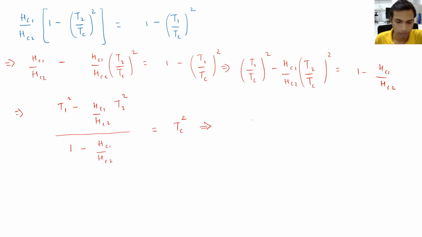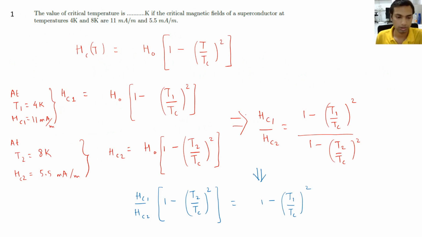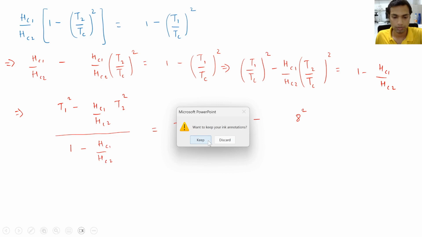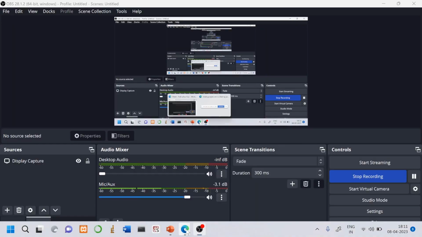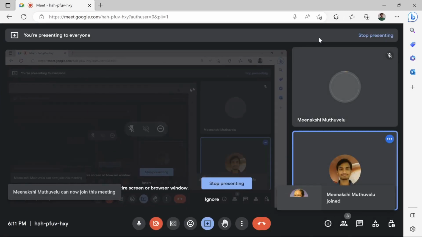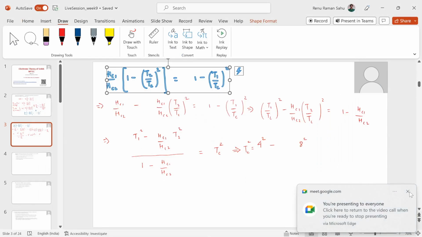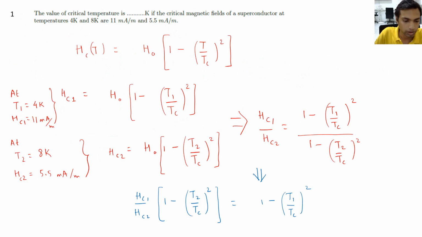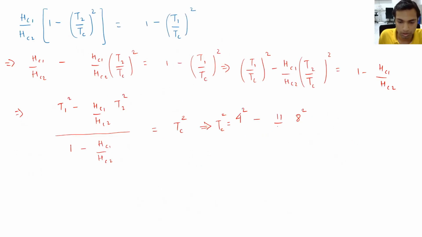T1 and T2 are 4 and 8, so Tc square is equal to 4 square minus 8 square times Hc1 over Hc2, where Hc1 and Hc2 are 11 and 5.5, so it is 11 by 5.5, over 1 minus 11 by 5.5.